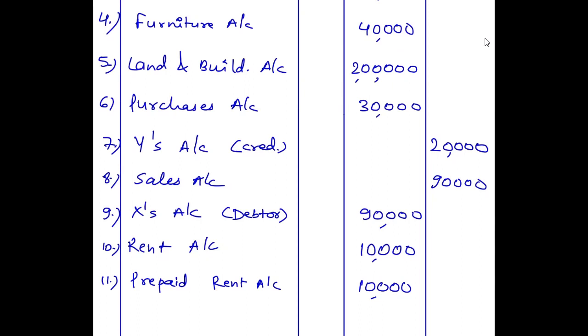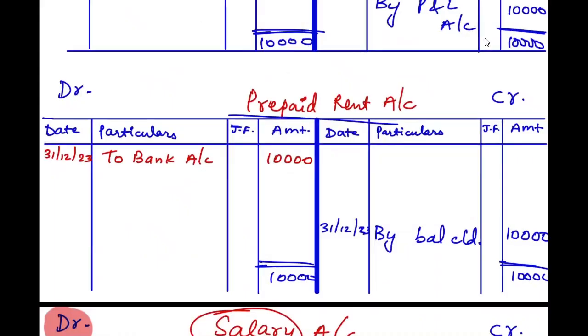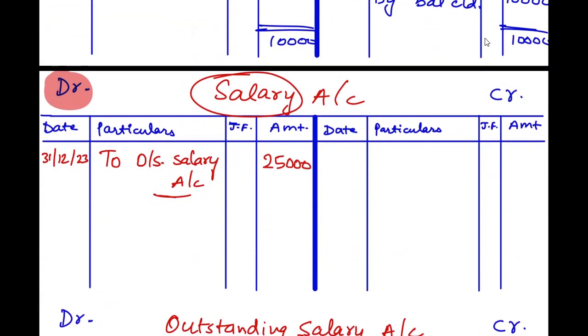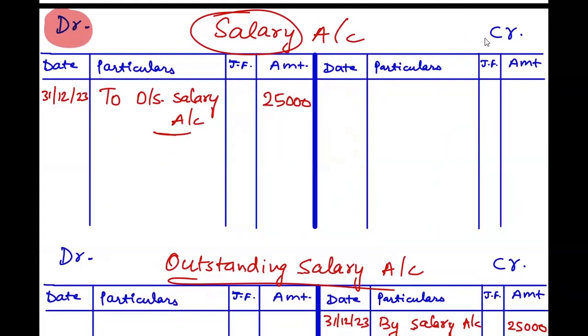Okay. Next we have our salary account. So what does salary account mean here? Salary account is an expense account. So here on the 31st of December 23, this will be transferred to what? My P&L account. How much? What is the total on the debit side? That is 25,000.